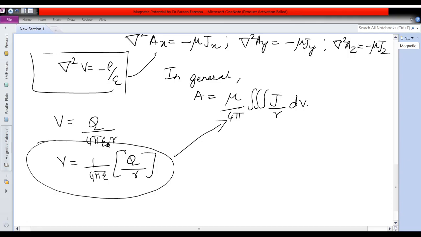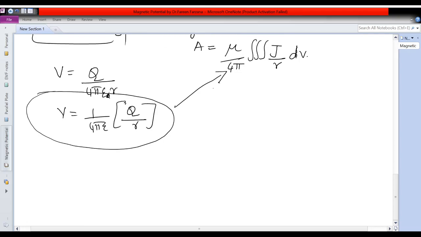So this is in general A. And if I want to write the components of A, since it is a vector quantity, we need to write the components. So Ax will be mu by 4 pi, and all will be the same, but here we'll write the integral over closed volume V of Jx by R into dV.